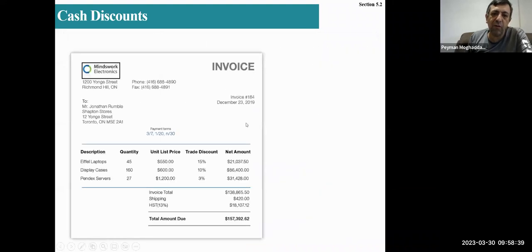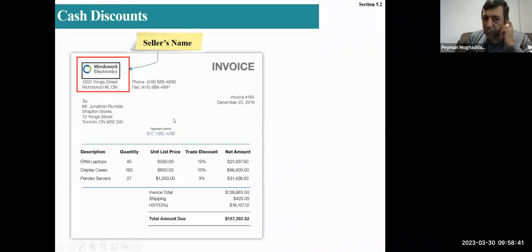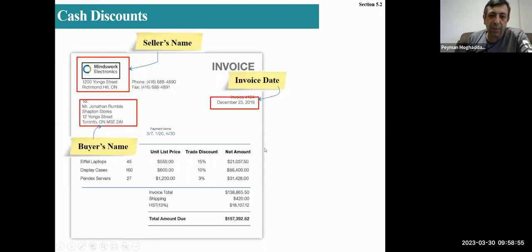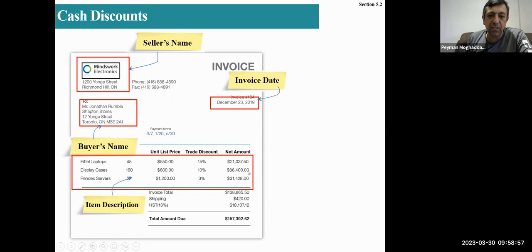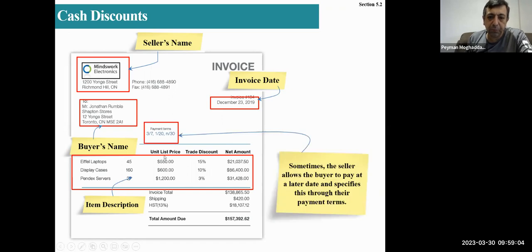So let's look at the invoice here. This is an example of an invoice, a very typical invoice. If you work for any company, this is a very typical invoice. It has invoice number, date, seller name, buyer name, and the description of the item which is bought and sold, and also this one.